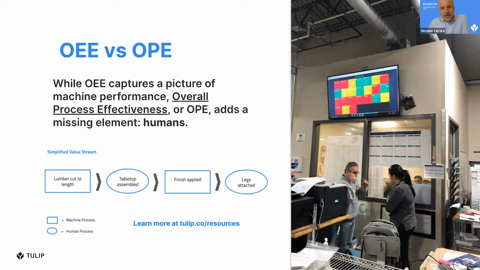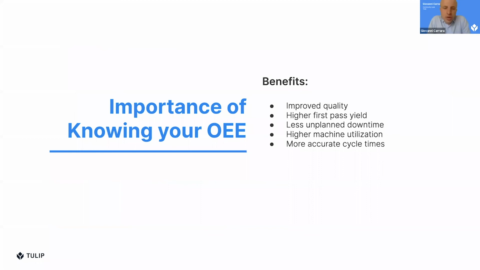Thanks, Grant. If you don't mind going to the next slide. Hopefully that gave an overview of what OEE is and how it can be calculated. One really important thing to bear in mind is that you can calculate the OEE for your specific facility very easily, set it up, customize it.